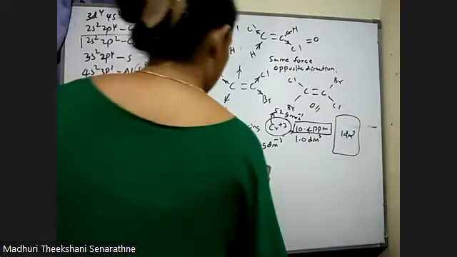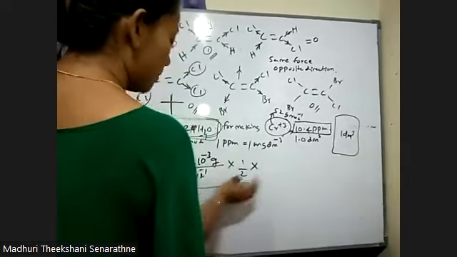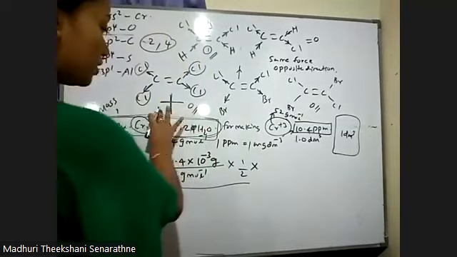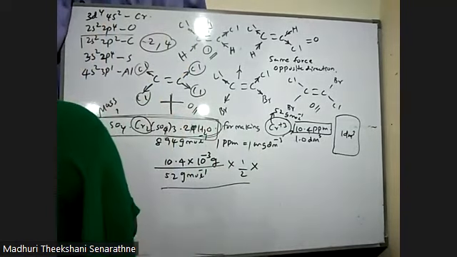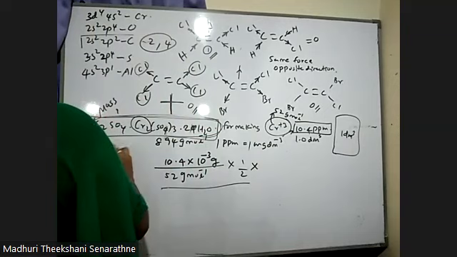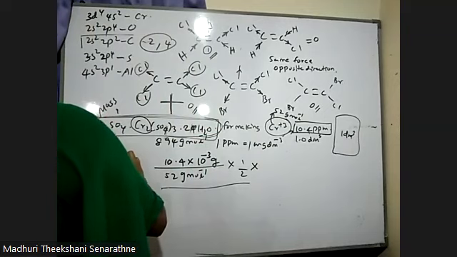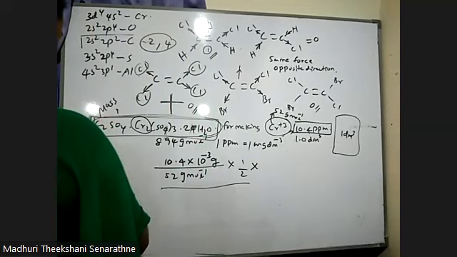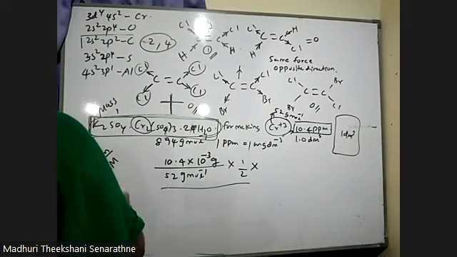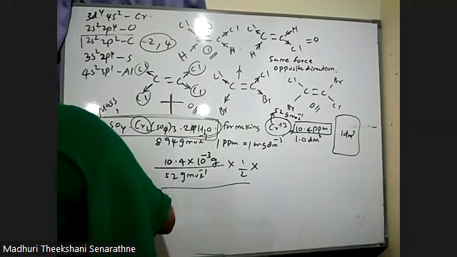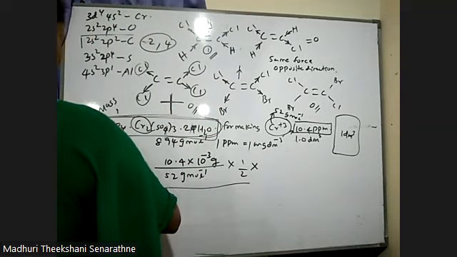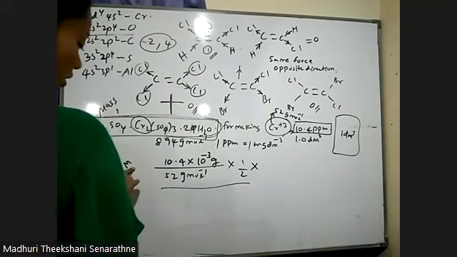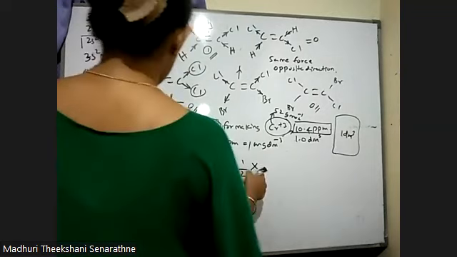Then we can convert it into the mass of the whole compound. You know, n is equal to m over capital M. Therefore, to find the mass, we multiply moles by molar mass. The molar mass is given.